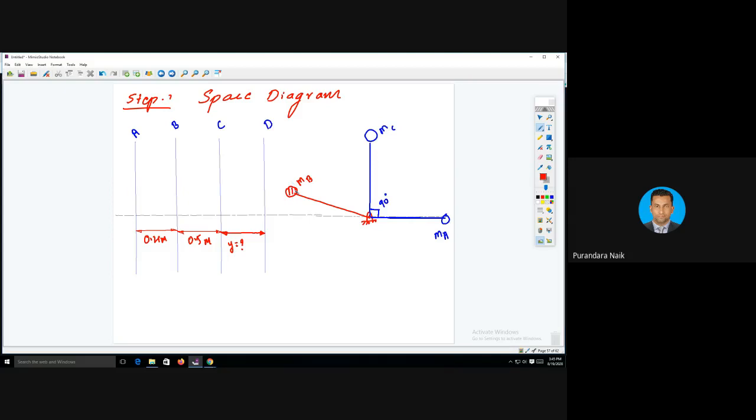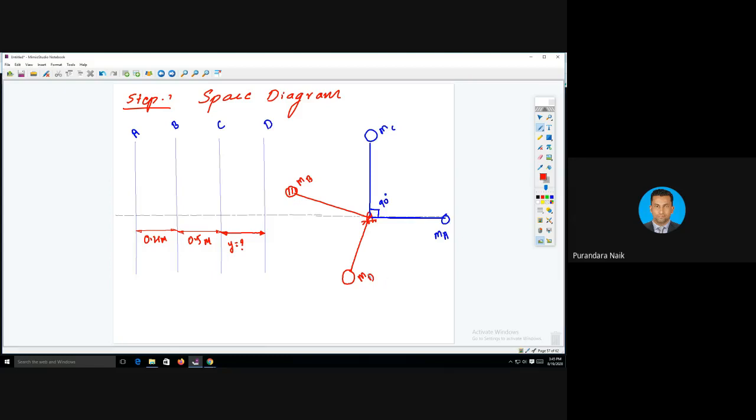Next, mass D is also, we know the mass, but we don't know the angle. Draw somewhere here, because all three masses are located in the upward direction. So better to draw it in the downward direction. I don't know exactly the angle, but by looking at the figure, all four masses are placed above. That's why better to draw it in the below direction, because it is balanced.